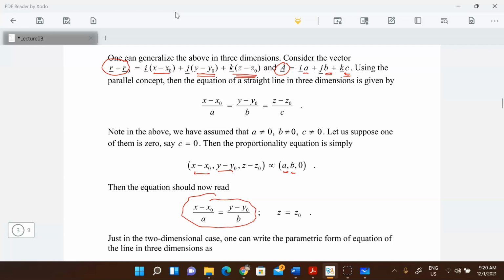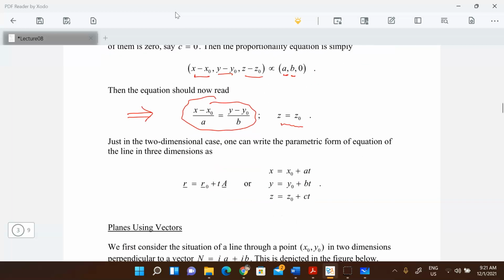But for the other one, since this is going to be proportional to A, B, 0, the only way that this can be proportional to that is that z equals z0. So there will be cases where you have 0 components for the specified vector, and then you go to this particular set of equations. Or generally we can do that. It depends on what equation of line and what direction is being given.